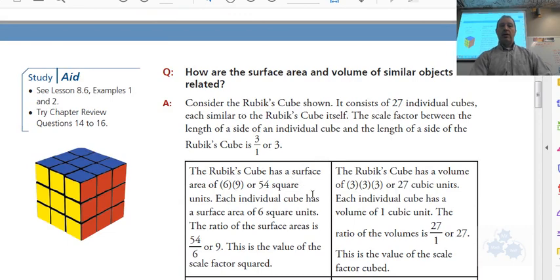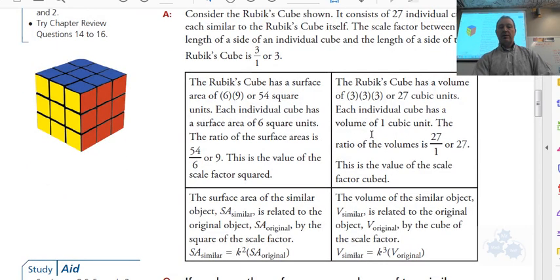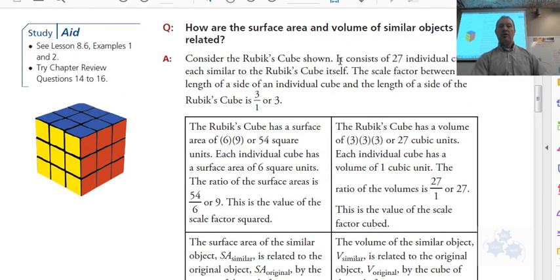Now the other thing, and this was basically the third really major component here, is the volume part. If we take a 3-dimensional object, the relationship between the volumes of the original object and its model, or its representation, would be k cubed. So remember that volume is units cubed, 3 dimensions that you have to multiply for something like this.